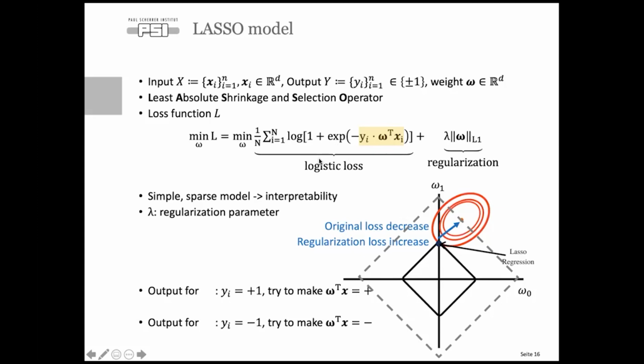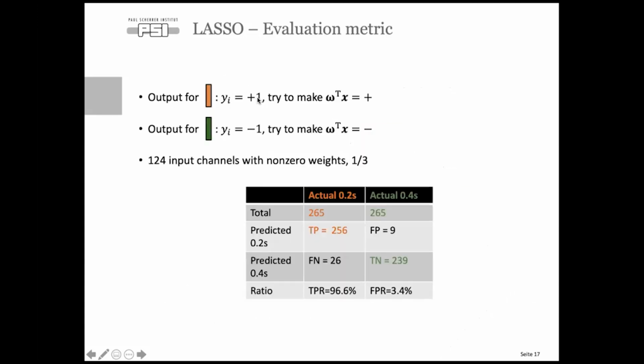Minimizing this loss term means that we really need to make this part positive so that the whole thing can be very small. So for a positive sample, we want to train the weight to make the multiplication positive, and for a negative sample, we want to make the weight times input negative.